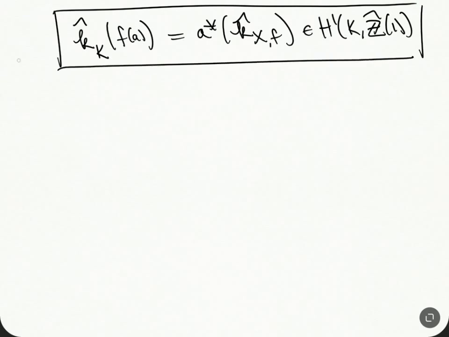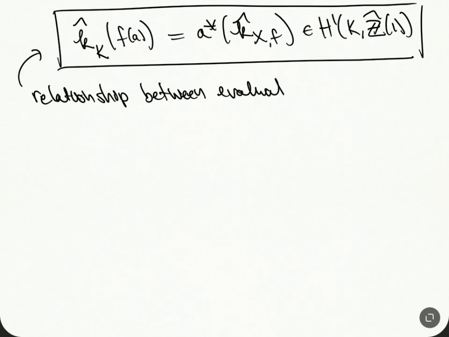So this is kind of an interesting relationship. This is again the relationship between evaluation of points in Kummer classes.